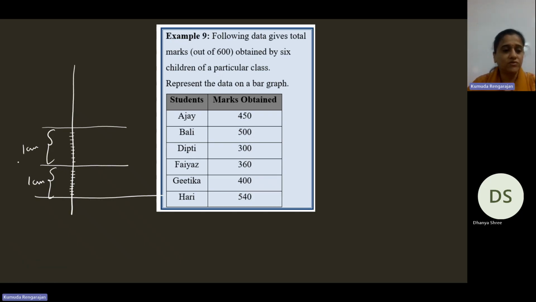So if you mark this as 50 and this one as 100, then it will be 5, 10, 15, 20, 25.